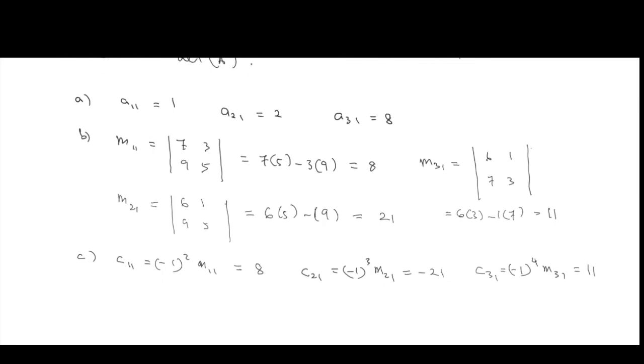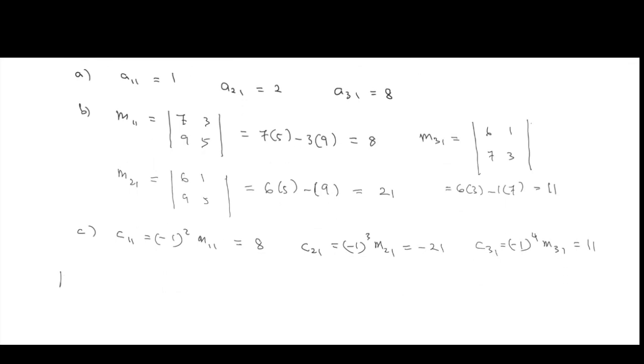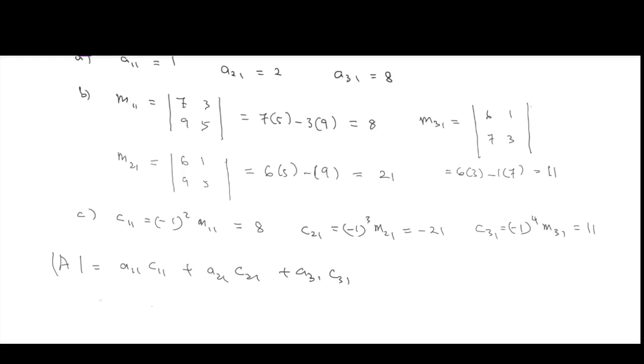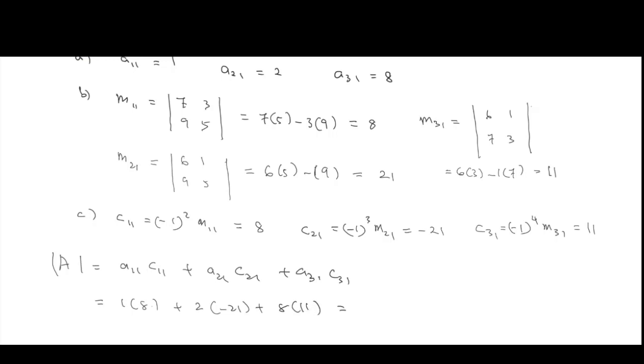Okay, hence we are going to find the determinant of A. So the determinant of A is given by A11, C11 plus A21, C21 plus A31, C31. We must use the elements and the cofactors that we have found previously. So this is equal to 1 times 8 plus 2 times negative 21 plus 8 times 11, which is equal to 54.